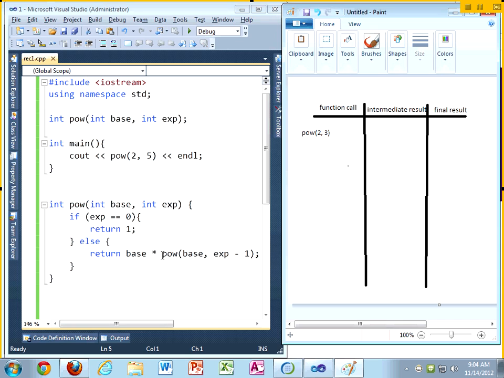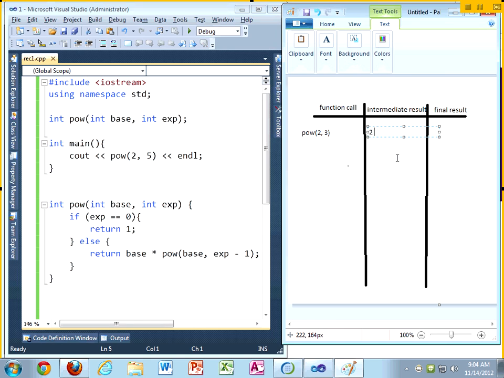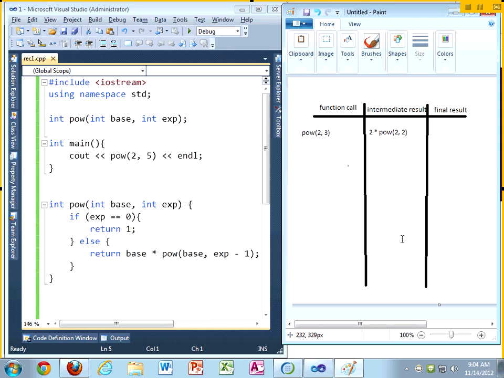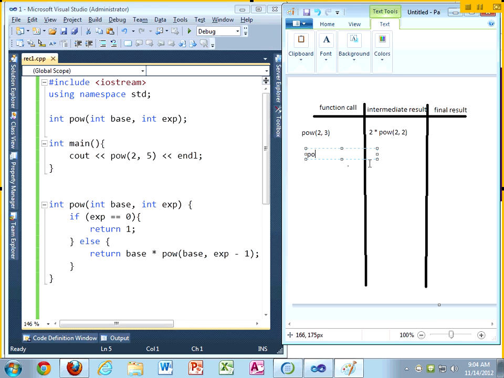So what we're going to return is 2 times PAL of 2, 2, right? So I'm going to write that down as my intermediate result: 2 times PAL of 2, 2. Okay? Now, we can't do our final result yet because we don't know what PAL of 2, 2 is. So we're going to go over here and say, okay, well, I need to figure out what PAL of 2, 2 is. So let me put that down. PAL 2, 2.